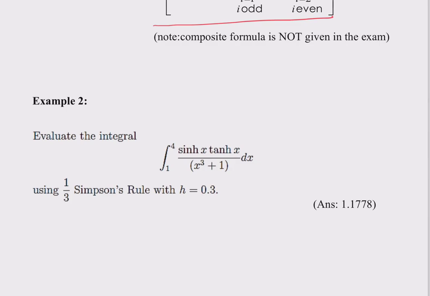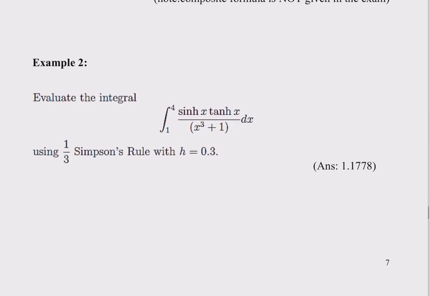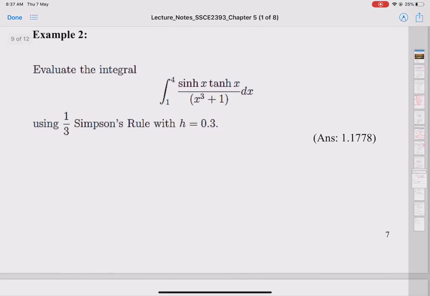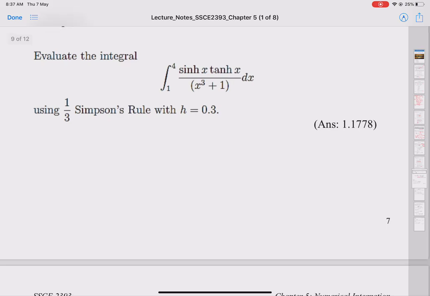So here you are given h is equal to 0.3, and now you can get n, because n is equal to (b minus a) divided by h, so 4 minus 1 divided by 0.3, 4 minus 1 is 3, and you get 10.